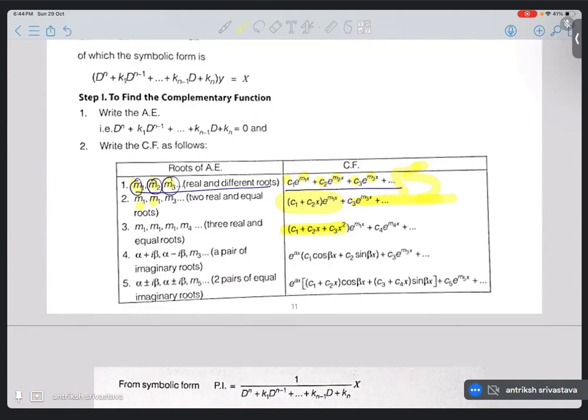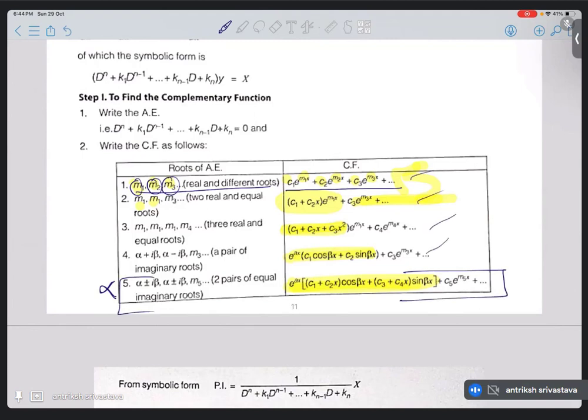And if they are complex, you get something in this format. And if they are complex and equal, then you get something in this format, in the last one. But I don't even think that type of question has ever come, so we don't need to use our brain space to remember this. These are, I think, sufficient.